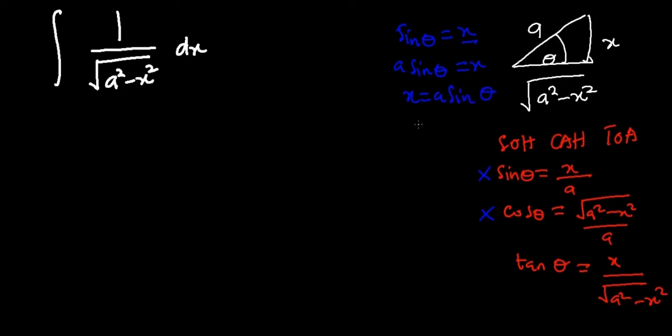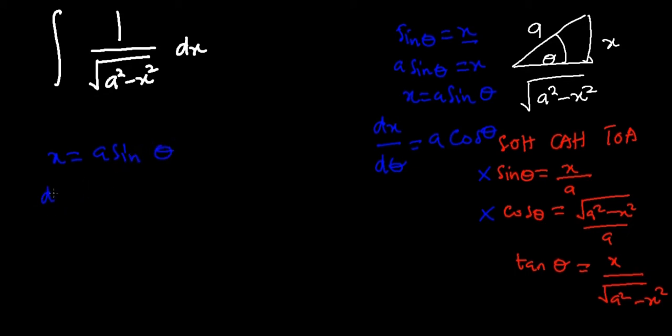Now from here, what we do next is find the derivative of this equation, so that dx over d theta will equal a times cosine of theta. Let me explain how I got this. We have x equal to a sine theta, and we are going to apply the product rule here.